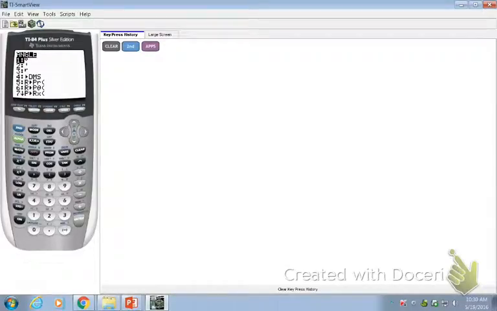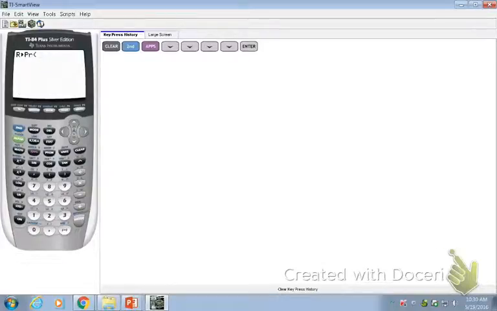So to find our radius and our theta, remember we hit second apps to go into our angle. This time you're going to go down to 5. Hit enter.